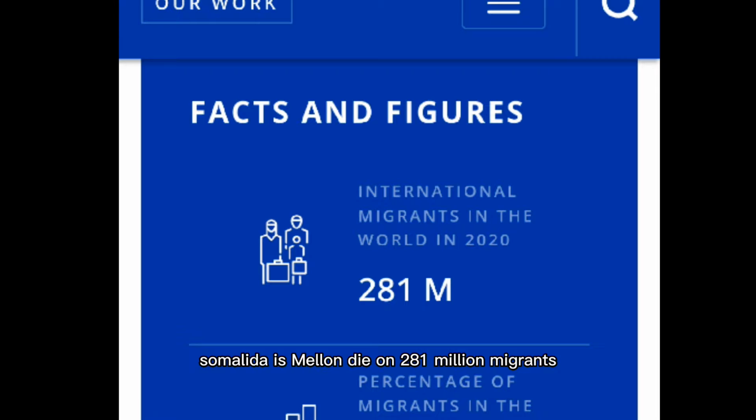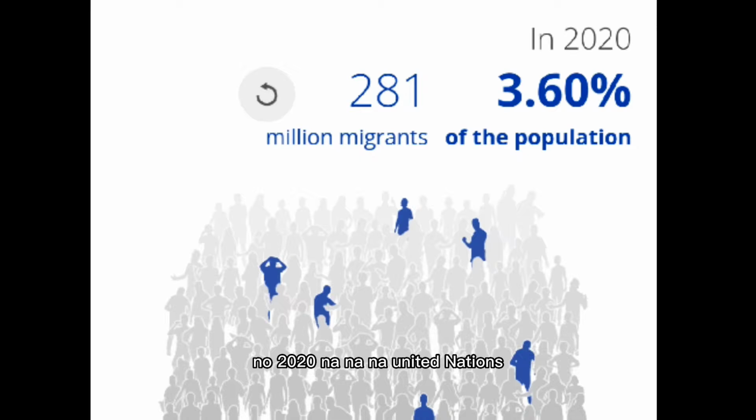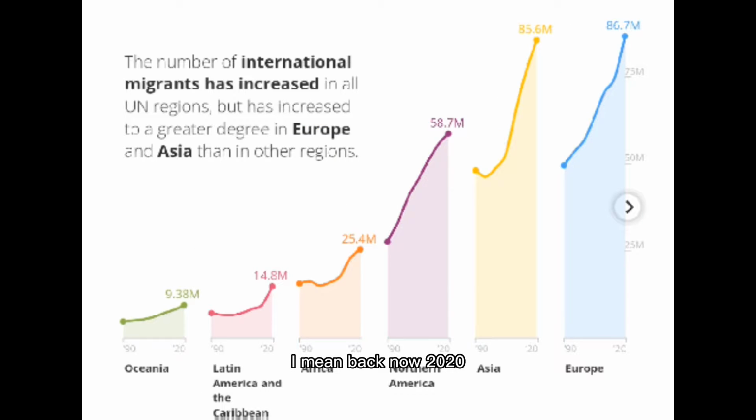So makikita dito is meron tayong 281 million na migrants noong 2020 na naitala ng United Nations. Ganun karami yung mga migrants na umimpact noong 2020.